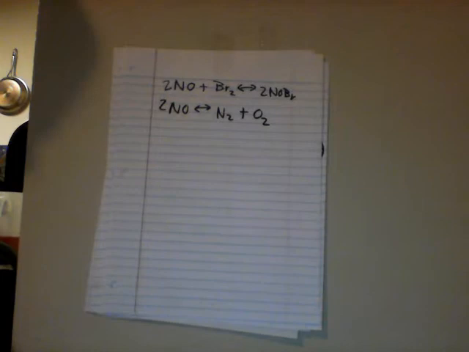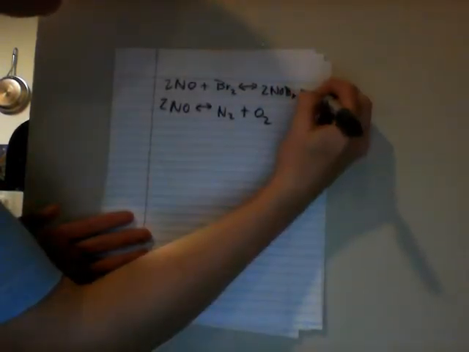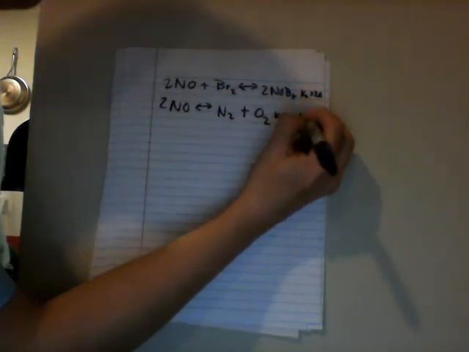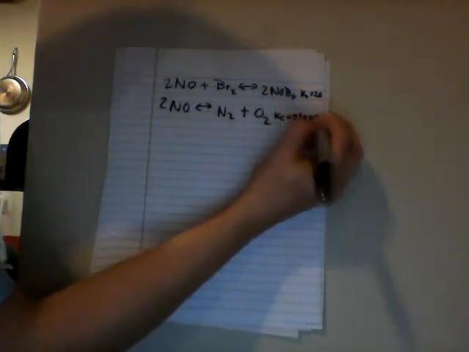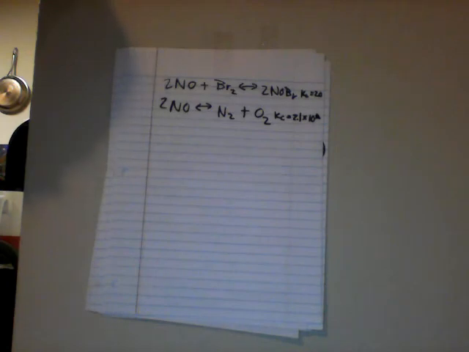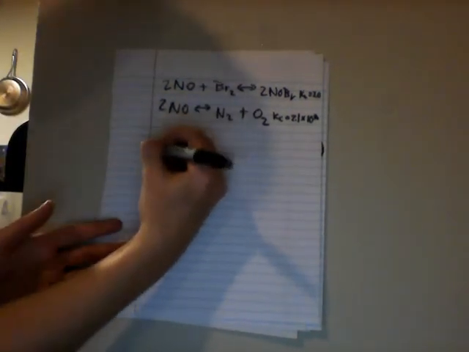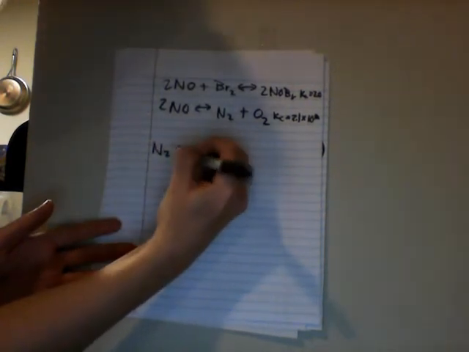They gave us these two reactions together, and each of these correspond to a Kc value. Kc equals 2.0. Hopefully you can see that. Sorry, it's small. And then Kc here is equal to 2.1 times 10 to the 30. So in the actual problem, it says consider this equilibrium. So we actually have to find this from the two that are given to us.